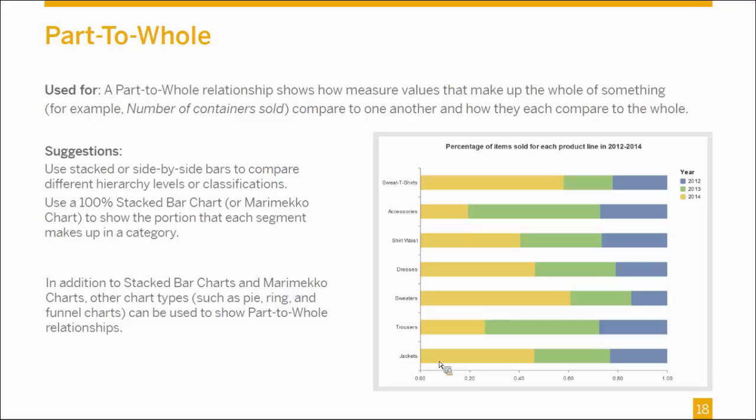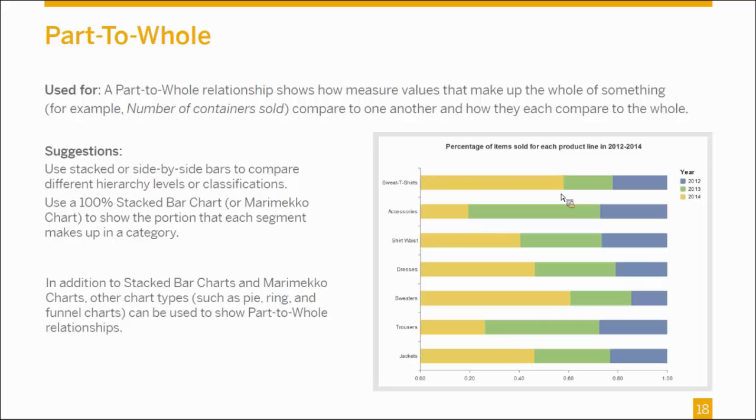So on the right hand side we see, for example, for the category sweatshirts, how much did each individual year contribute in terms of percentage to the overall numbers of values sold for each product line. So in this case, we see that the sweatshirts had a higher percentage in 2014 than, for example, the accessories.